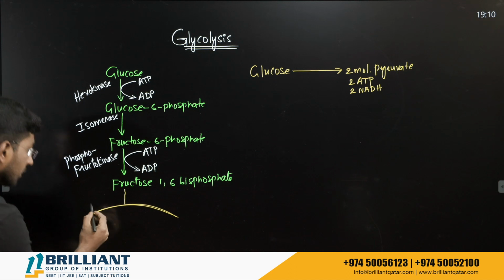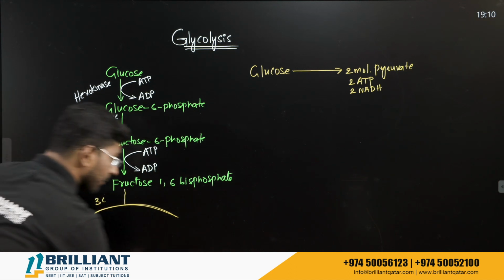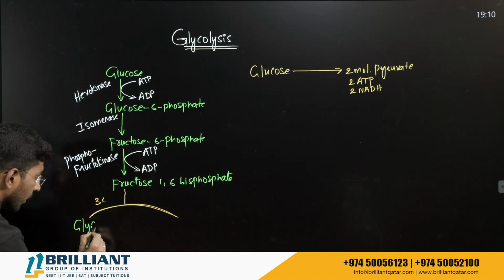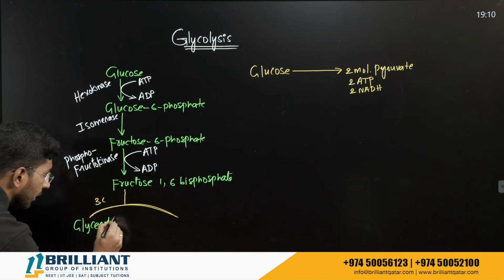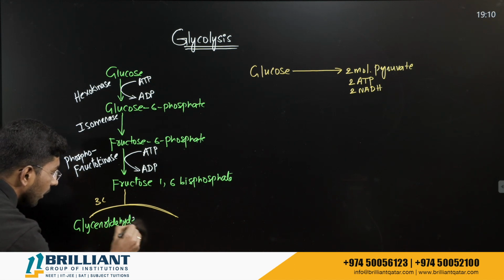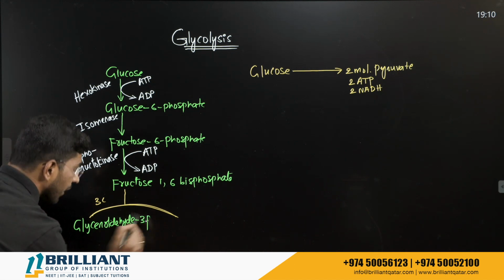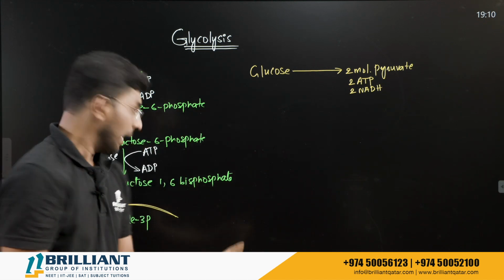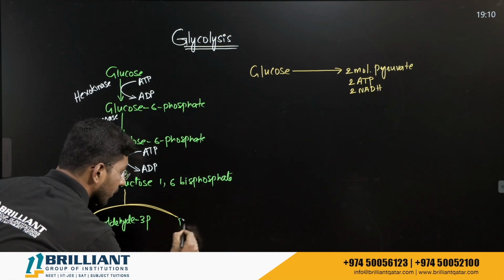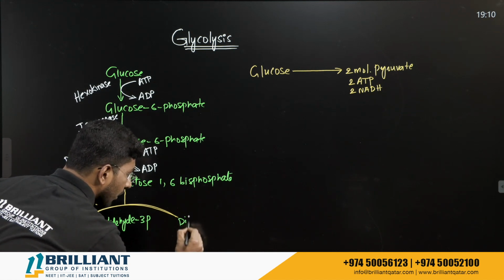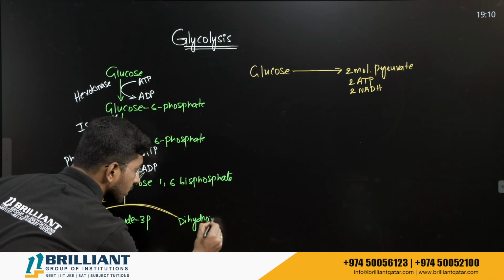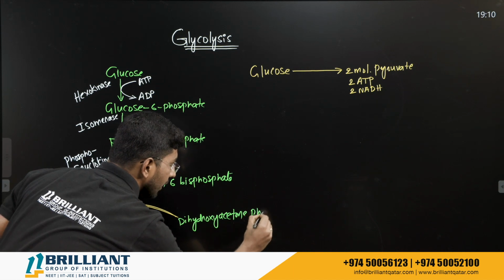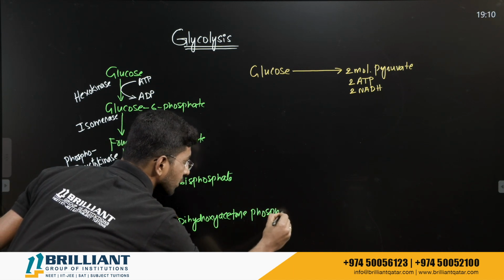Look at here. The first 3 carbon compound, I am writing here, is called glyceraldehyde 3-phosphate, a 3 carbon compound with 1 phosphate. The next compound is dihydroxyacetone phosphate.